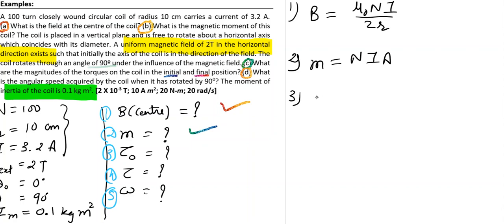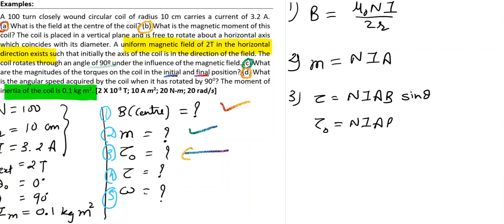Torque acting on the coil is given as NIAB sine theta. So when you consider tau 0, what is tau 0? Tau 0 is NIAB sine 0, and hence it is 0. Now which condition are we talking about?